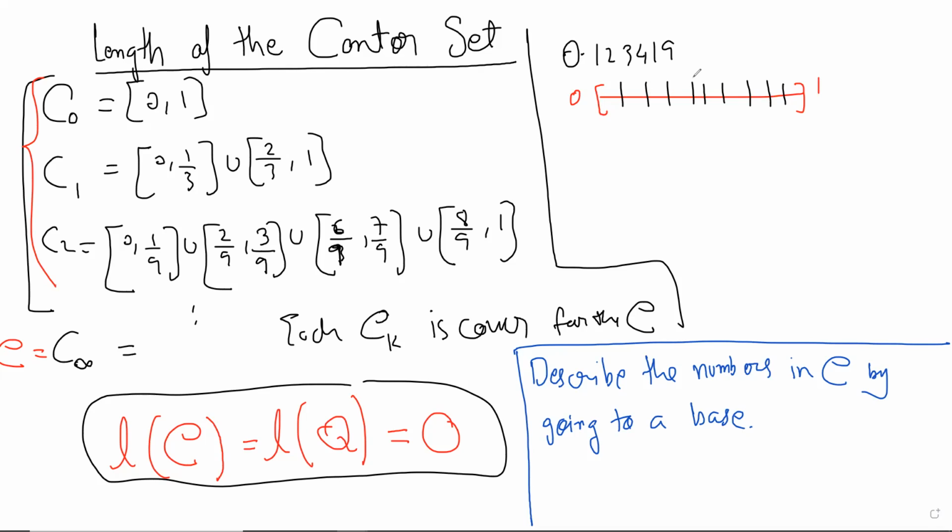And then, if you want to find out this number, what process similar to this will give you that number? Just as the first step, this number is in this first interval. You can remove the rest.